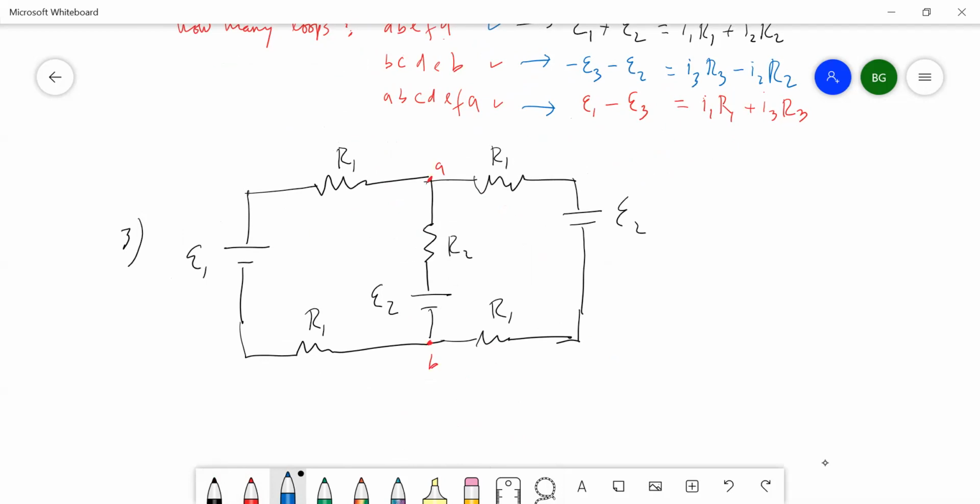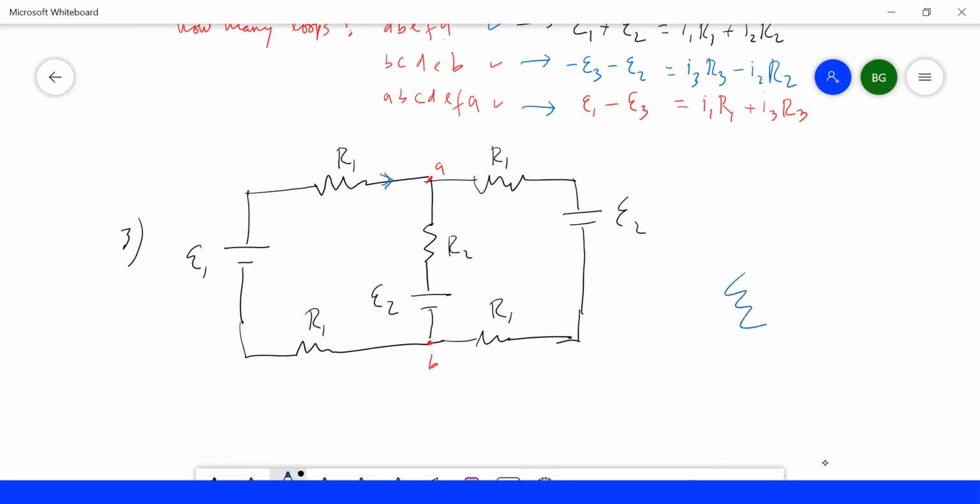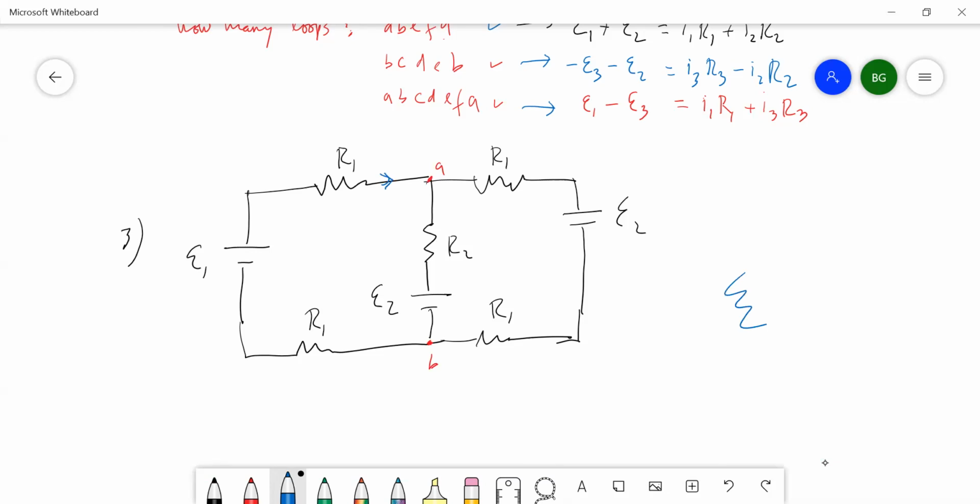We took the direction of the loops. This is I1, I2, I3, okay? So I3 is equal to I1 plus I2.